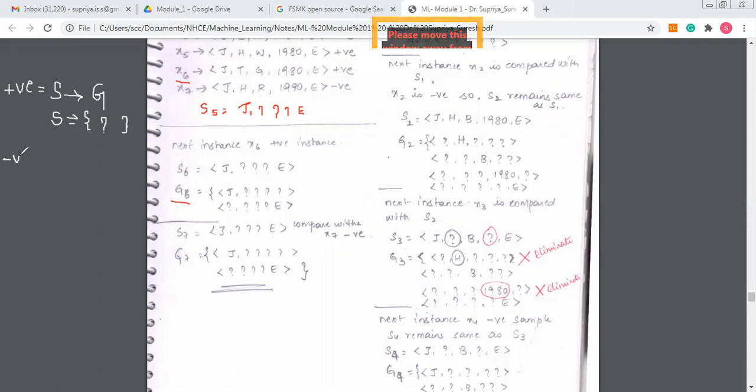If I have the negative term, okay, I'm going to move from the generic to specific, where I only change the generic value of it.